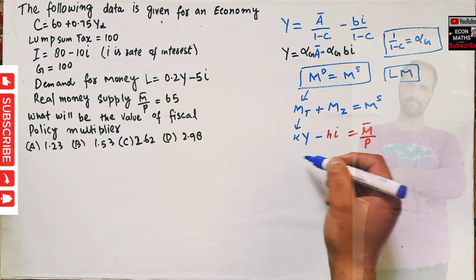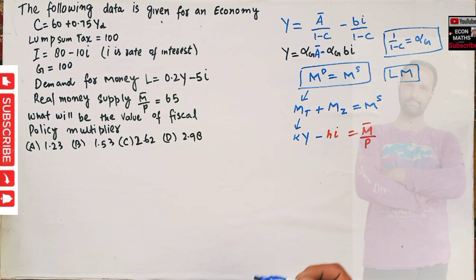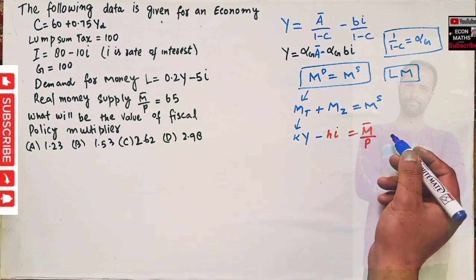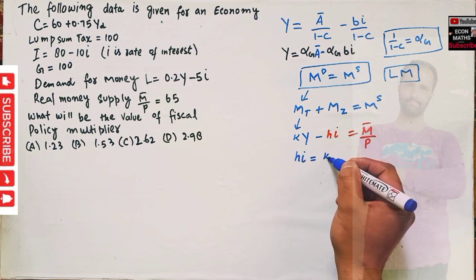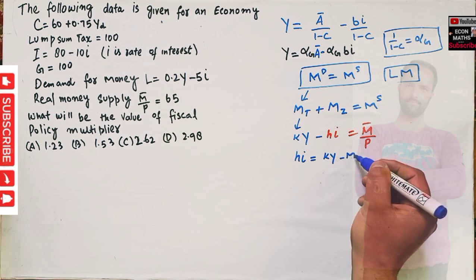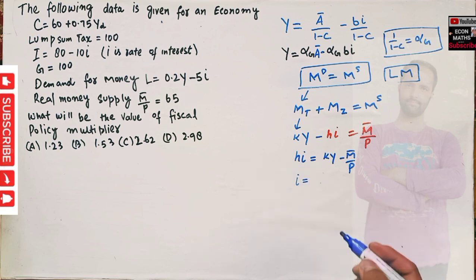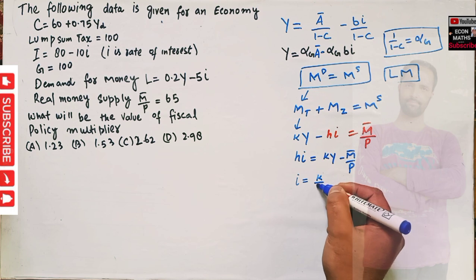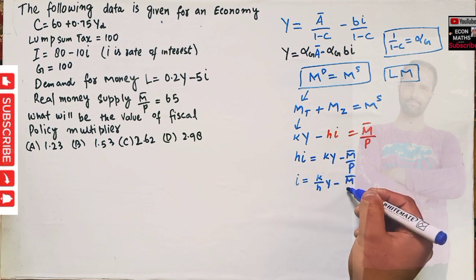Let us solve this for the rate of interest, i. If I transpose, h i is equal to k Y minus M upon P, or i is equal to k upon h Y minus M upon P, times 1 upon h.